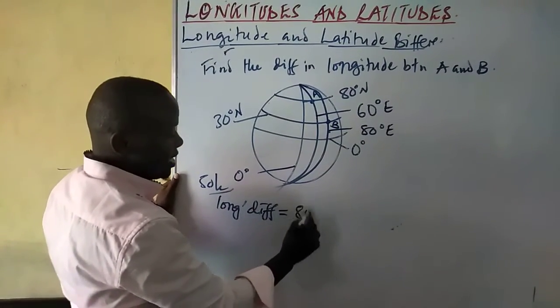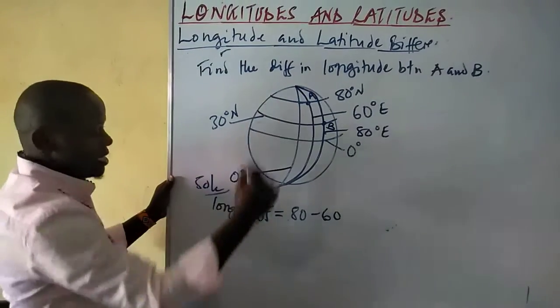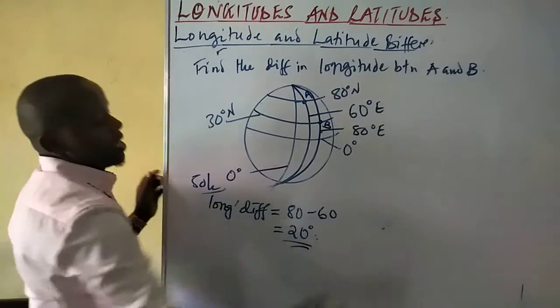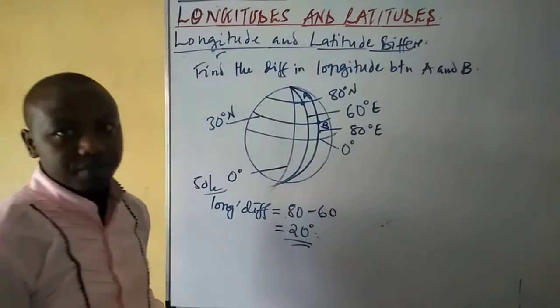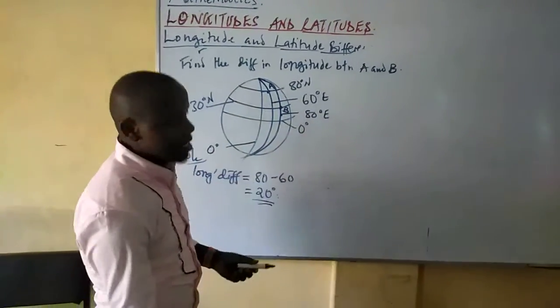B is at 80 and A is at 60. They are both on the east side. Therefore, this will give us 20 degrees as the difference. So that's how it is done.